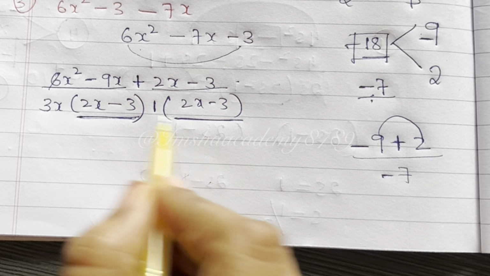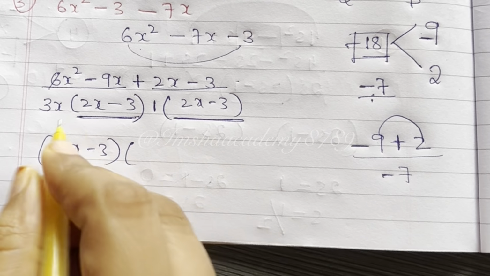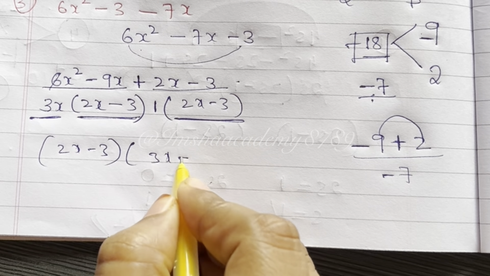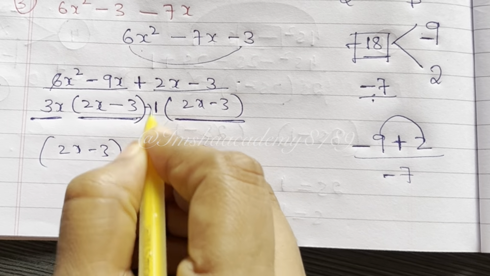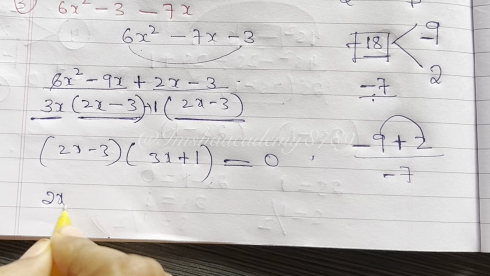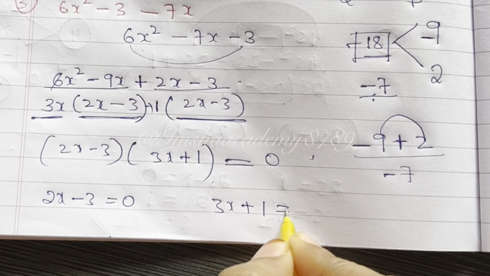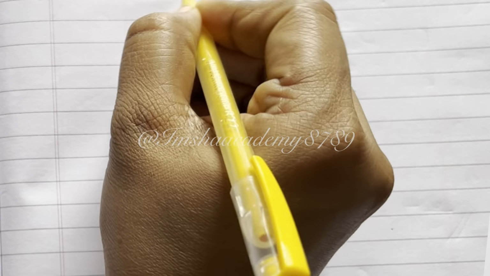These two values should be the same. So 2x minus 3 into 3x plus 1 is equal to 0. So 2x minus 3 is equal to 0, and 3x plus 1 is equal to 0.